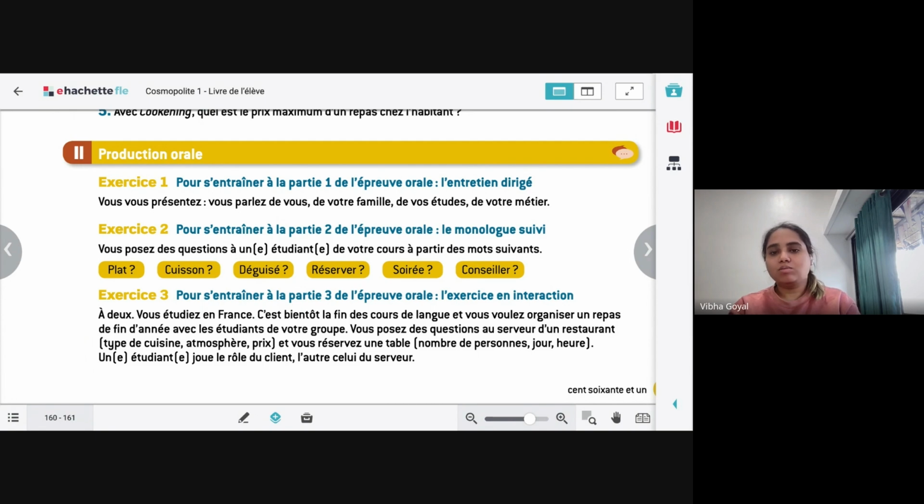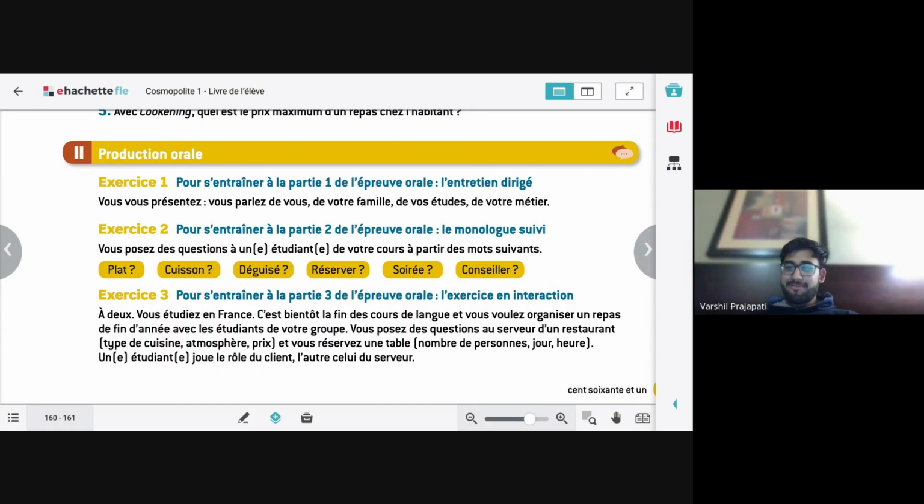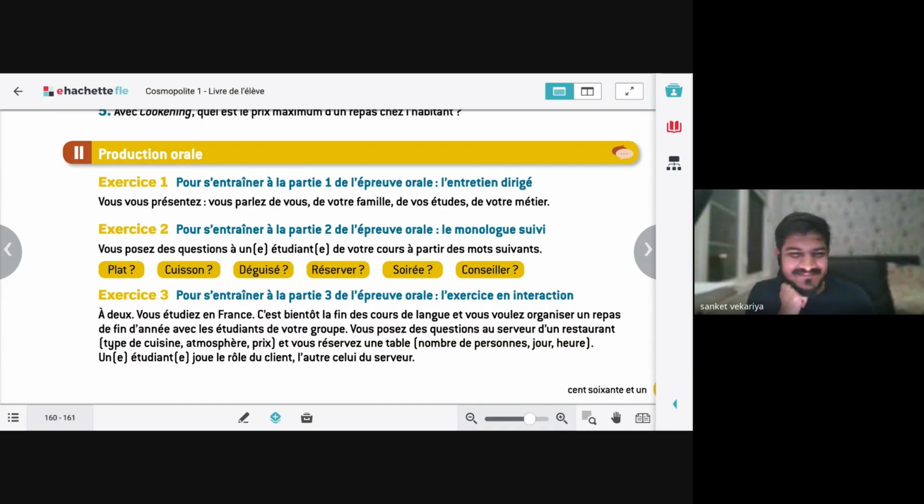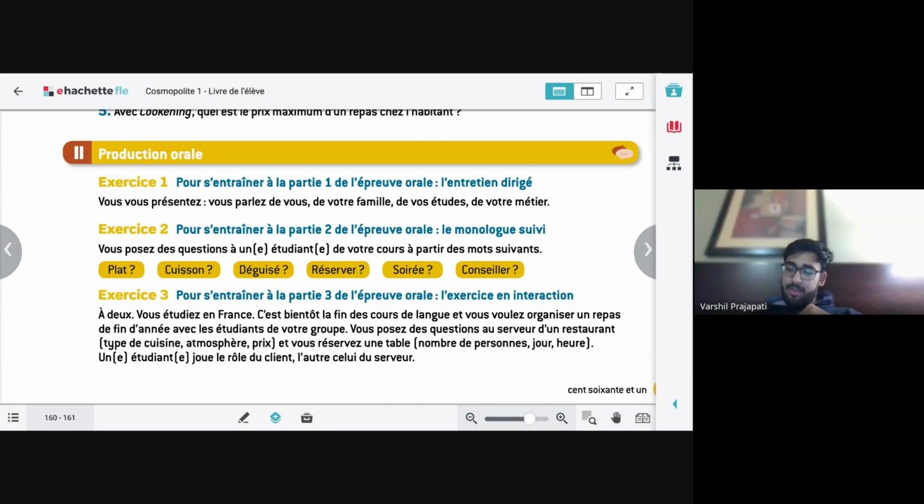On passe à partie 2. Donc, il y a quelques mots et vous devez formuler les questions. Allez-y. Okay, exercise 2. À ce restaurant, quel plat est votre préféré?